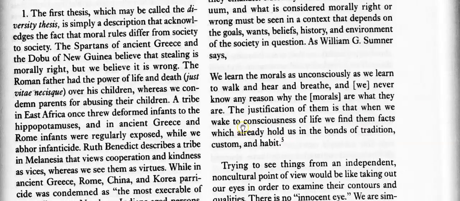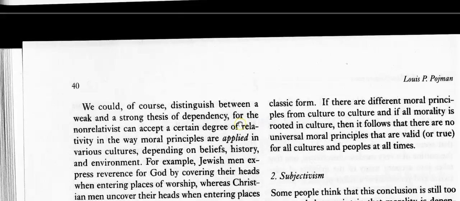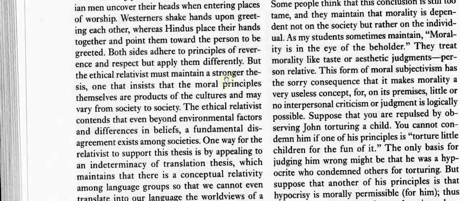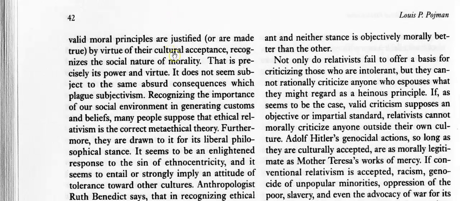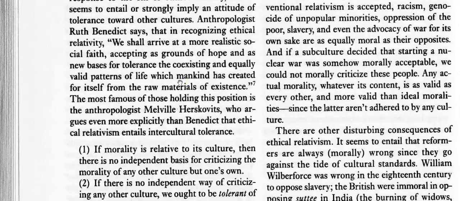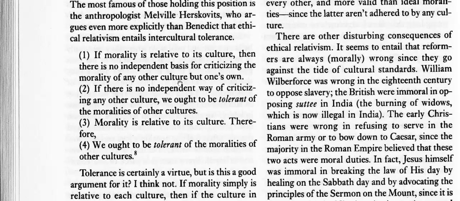Now let's look to question D, describe Pojman's critique of ethical relativism. So we need to go down to page 5. And here we have an argument on tolerance. So Pojman is highlighting this anthropologist's argument of Melville Herskovits.